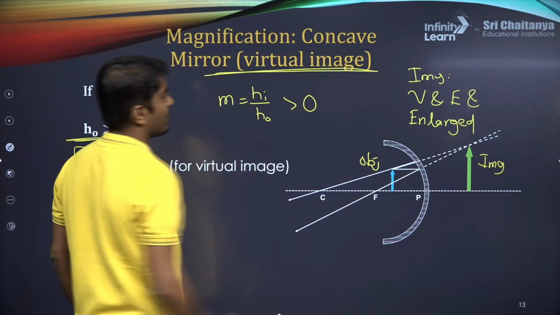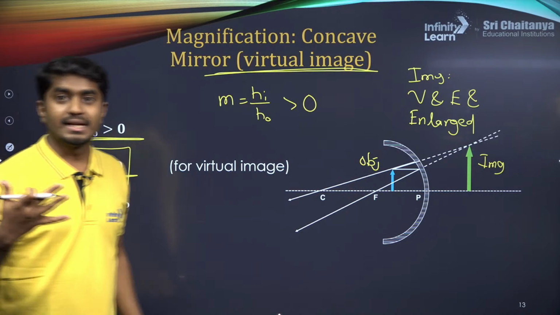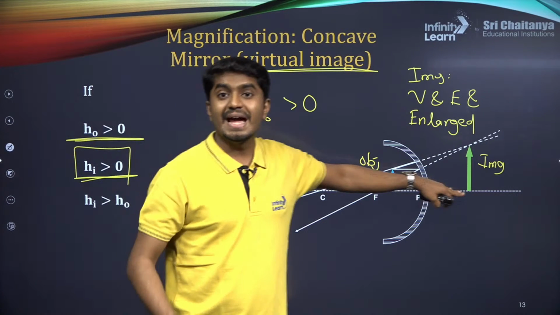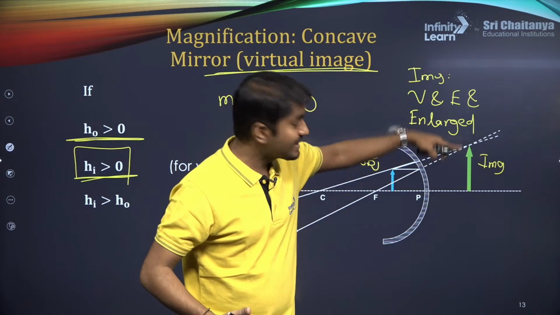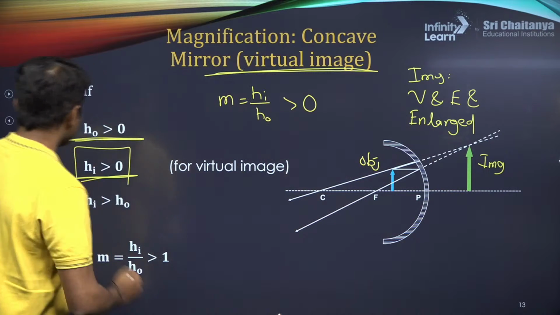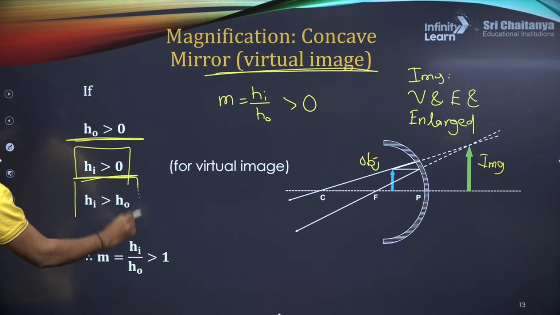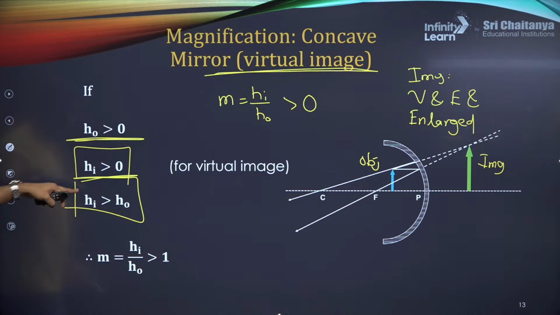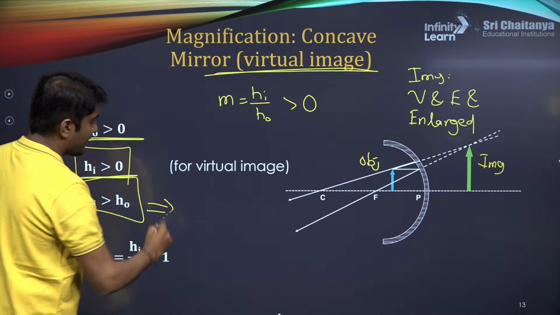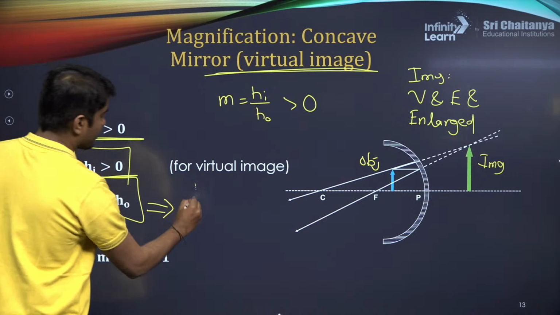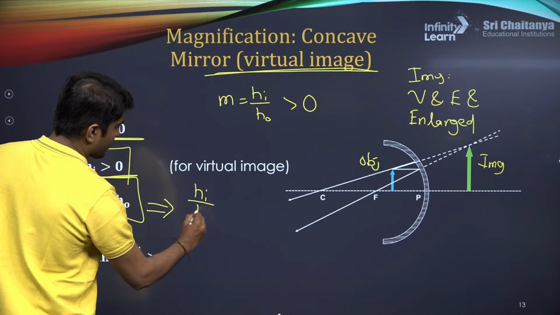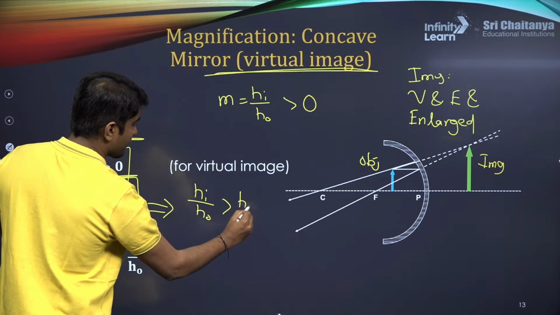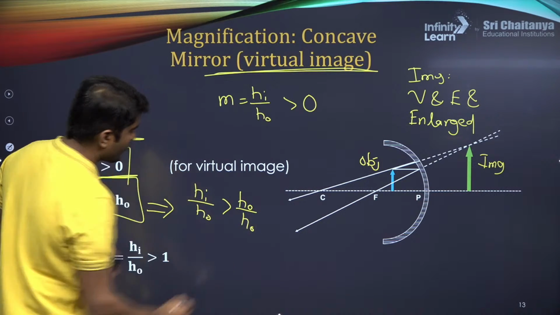It is a positive number, but there is one more thing, that the image is enlarged. That means the height of the image is greater than the height of the object. So again you can divide both sides by the height of the object. So the height of the image divided by the height of the object, what is this ratio?